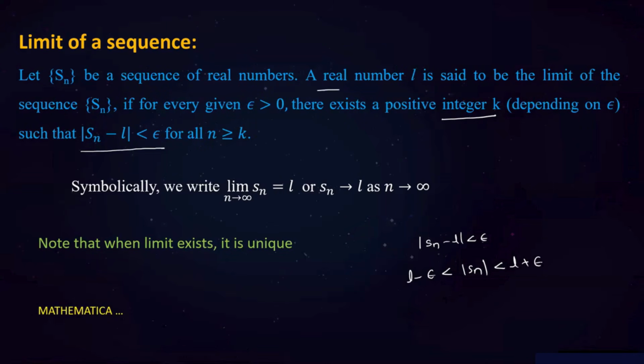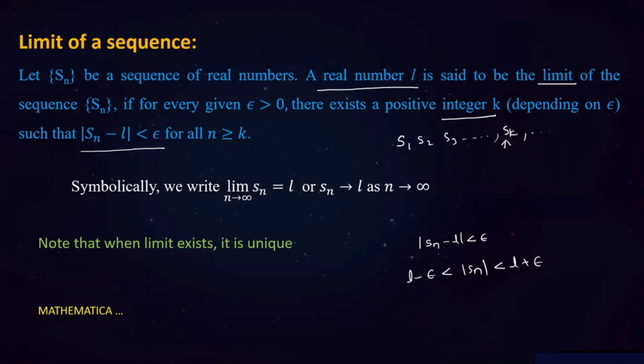You can call a real number L a limit if there exists a positive integer k such that modulus of Sn minus L is less than epsilon for some epsilon greater than 0. What does it mean? You have a sequence of numbers like this, S1, S2, S3. You have so many numbers. When n approaches infinity, somewhere you will get some kth term, let us say Sk.